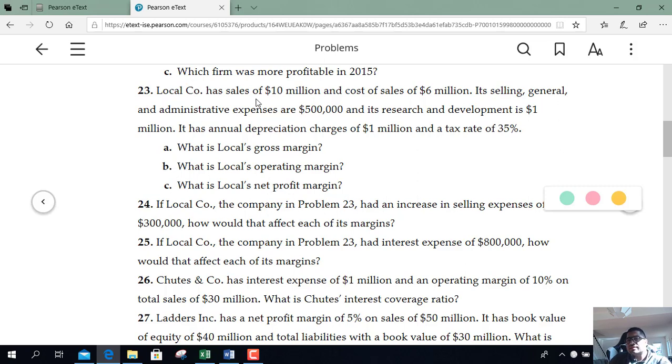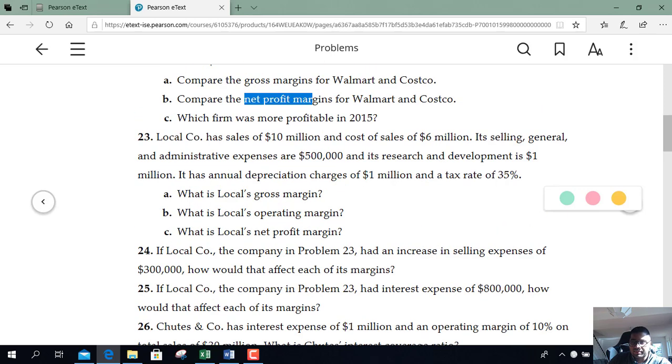So Local has sales of 10 million, cost of sales is 6 million, its general and administrative expenses are 500,000, and research and development is 1 million. Its annual depreciation charge is 1 million and the tax rate is 35%. So they're asking you, if the company had an increase in selling expense of 300,000, what would be the impact on margin? So 23 and 24 are linked together, so let's solve both of them.